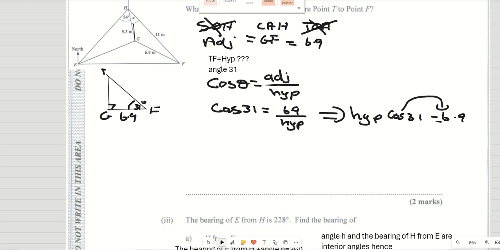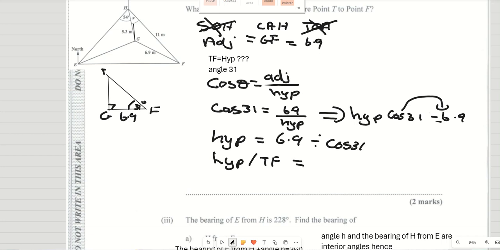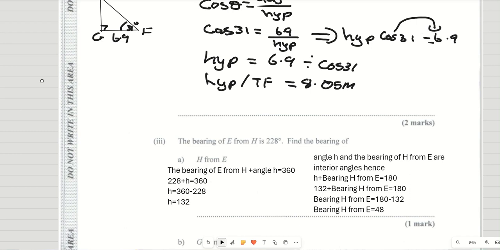So therefore my hypotenuse would be equal to 6.9 divided by cos 31. So hypotenuse, or TF, would be equal to 8.05 meters, and you could say that is to 2 decimal places.